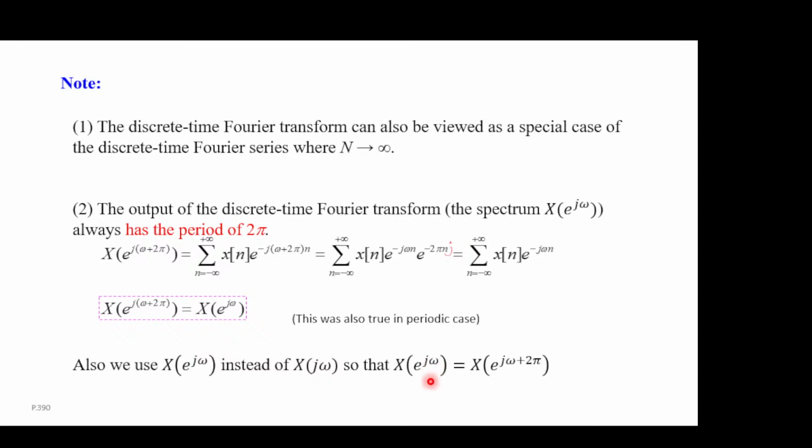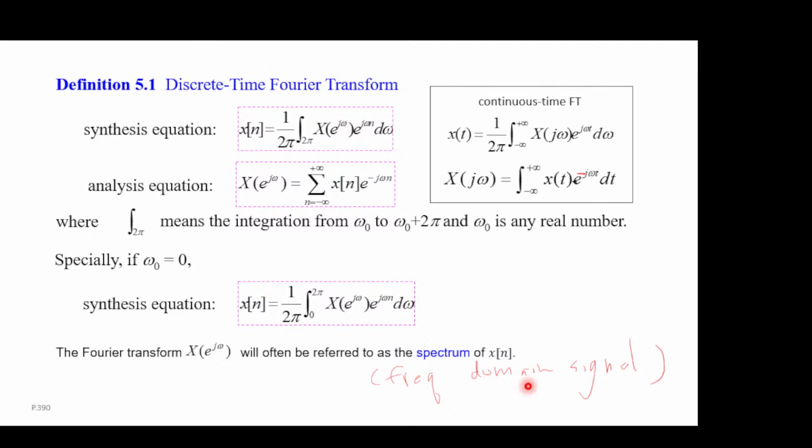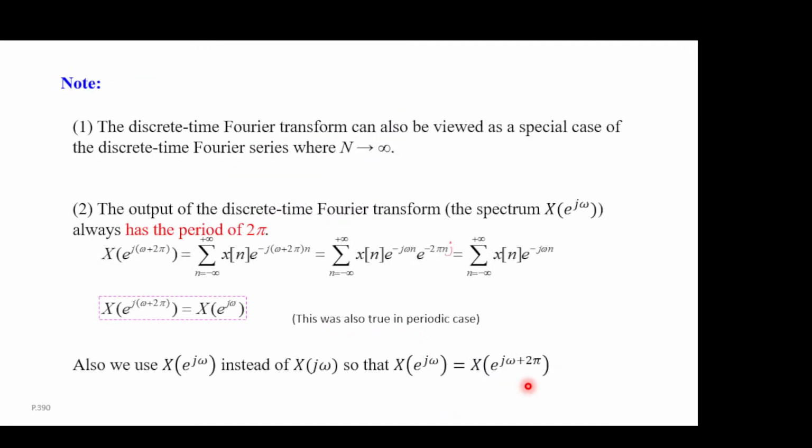So you think about this e to the j omega as an actual number, then e to the j omega equals e to the j omega plus 2 pi, right? Just because e to the 2 pi j equals 1 as before.